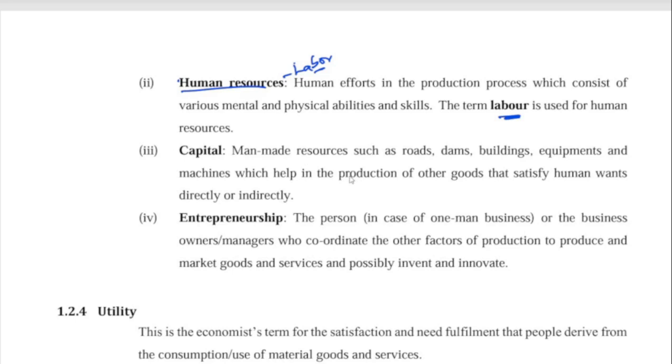But when it's not much of brain work, it is more physical ability. But when it is more of brain work, it is more of mental ability, mental skills.